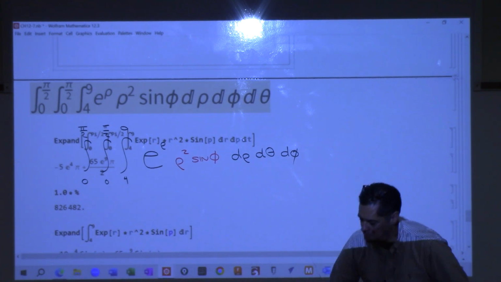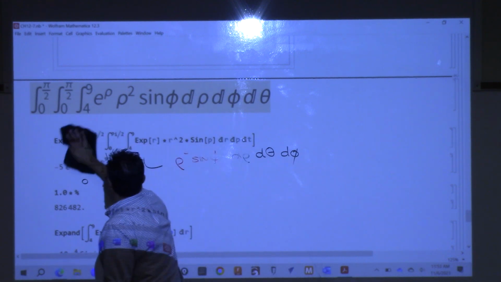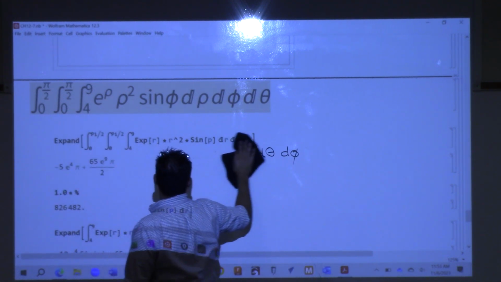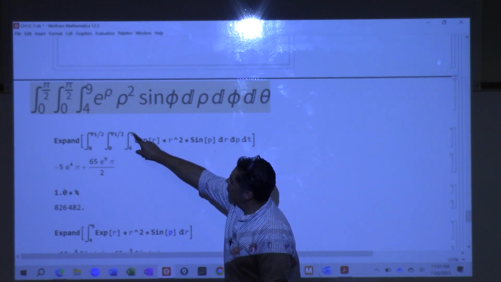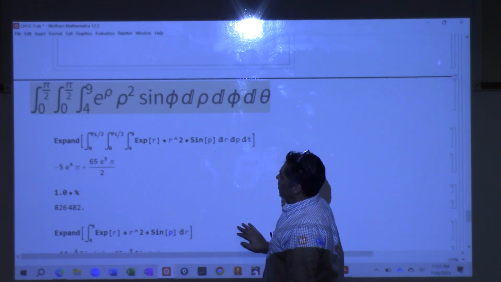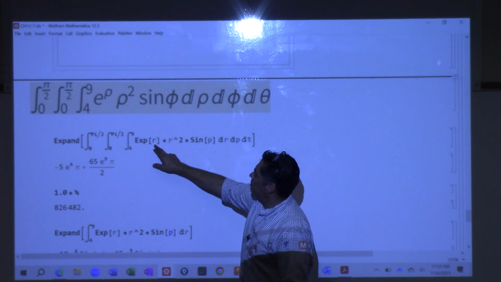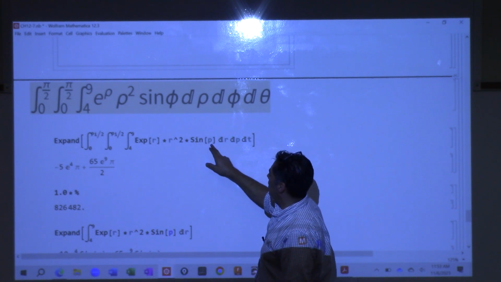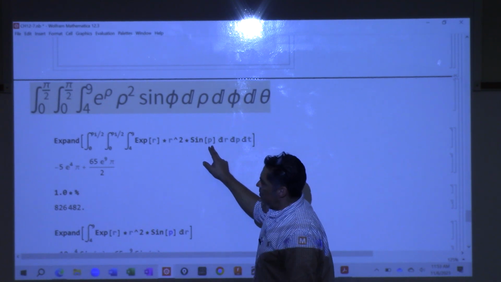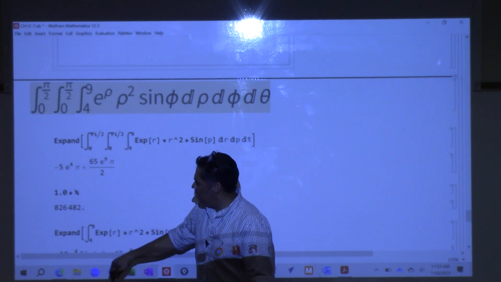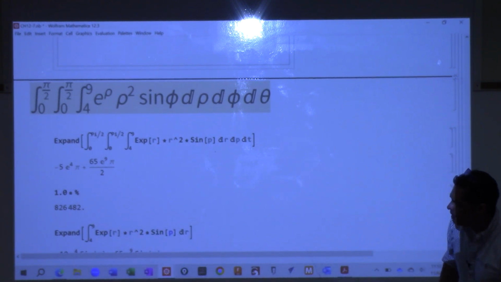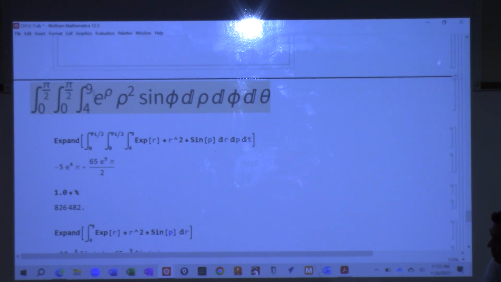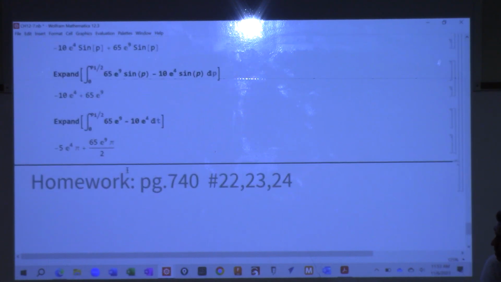I must have caught this, but I never fixed it there. I fixed it right here, 4 to 9, e to the rho, rho squared sine phi. And then you get this crazy thing, and that comes out to be 826,000. Who cares? All right, there we go.